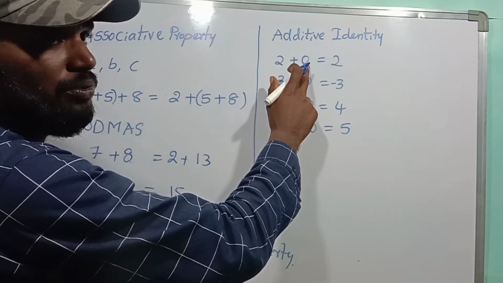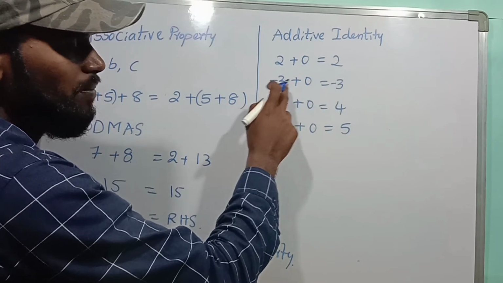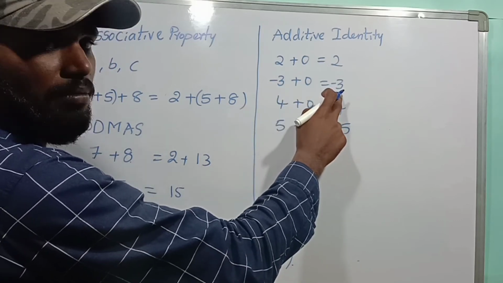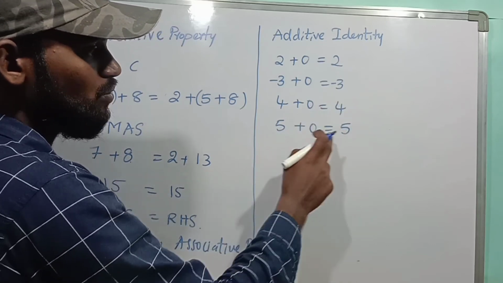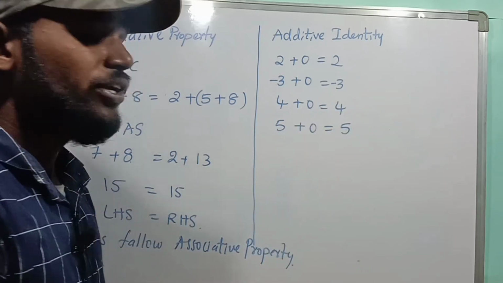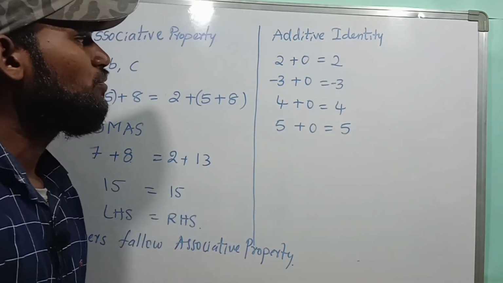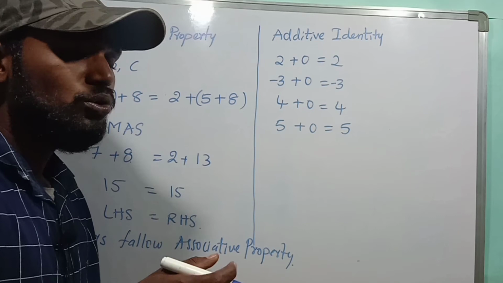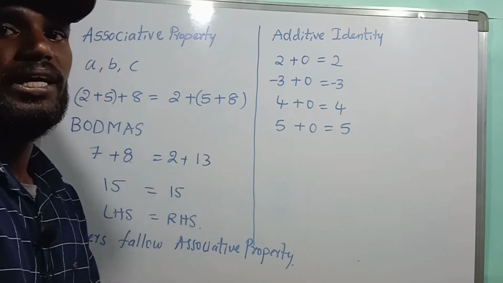I am adding 0 to 2 and again getting 2, minus 3 plus 0 gives minus 3, 4 plus 0 gives 4, 5 plus 0 gives 5. So if you add 0 to any integer, you get that same integer. Everyone clear?